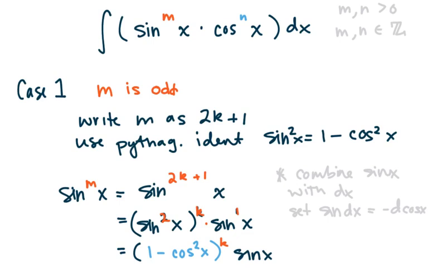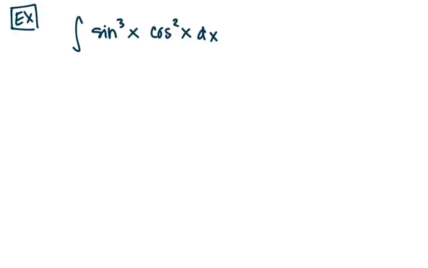So let's do an example using case 1. Here we have an integral we need to solve. It's a product of sine and cosine, and they're both raised to positive integer powers. You'll notice that the power on sine is odd. So this represents case 1. Case 2, the power on cosine is odd, and in case 3, they would both be even, and we'll do those in following videos.